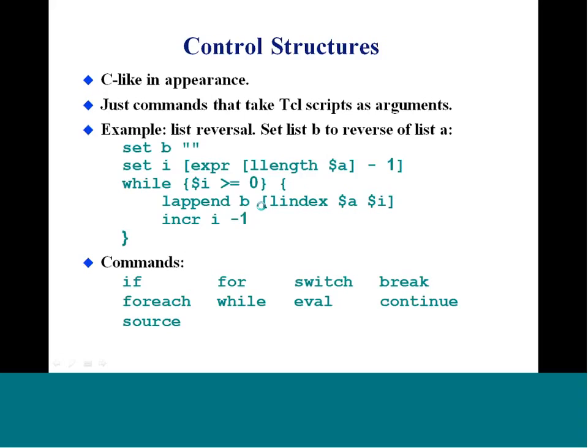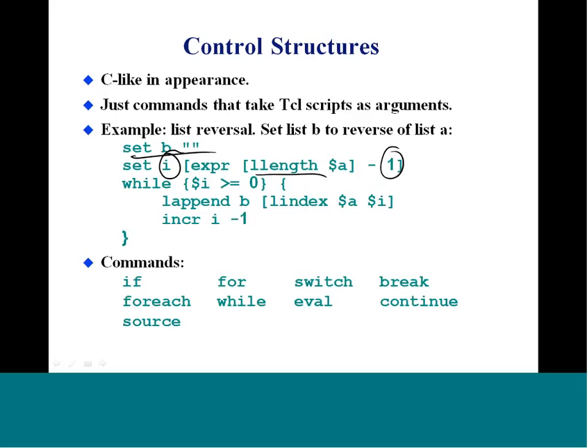For example, there's a list reversal where we set the list B to the reverse of list A. So how do we do this? Here we declare a variable called B, and then we set I to the llength of A minus 1.